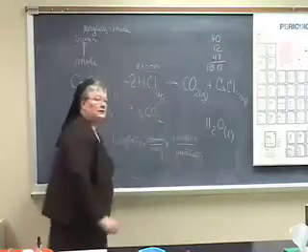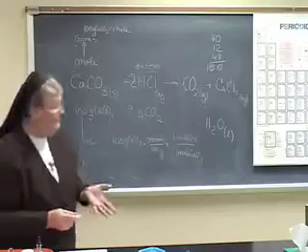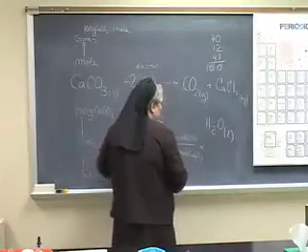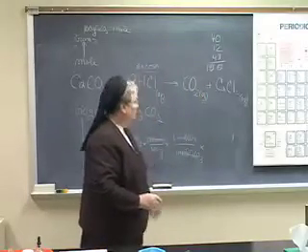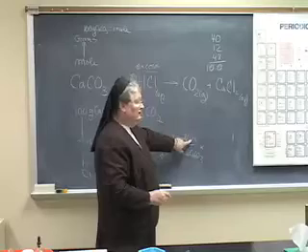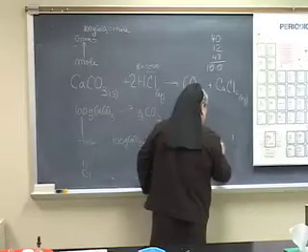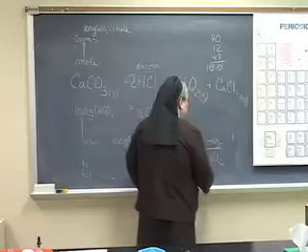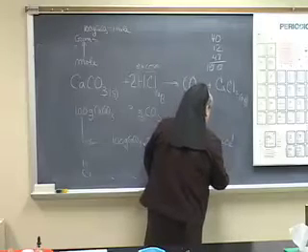And now all I have to do is go from moles of carbon dioxide to grams of carbon dioxide, which I can get from the molar mass of carbon dioxide, 44: 2 times 16 for the oxygen, 32, plus 12, 44. So 44 grams of CO2 per mole.